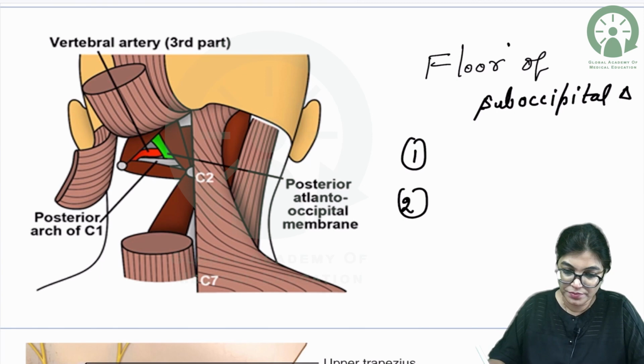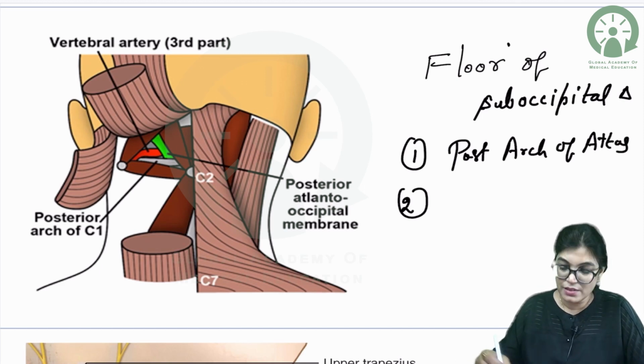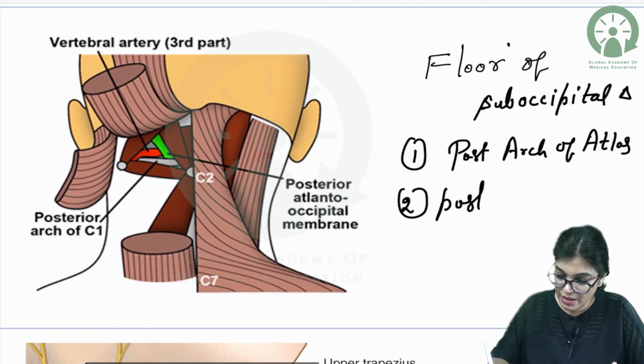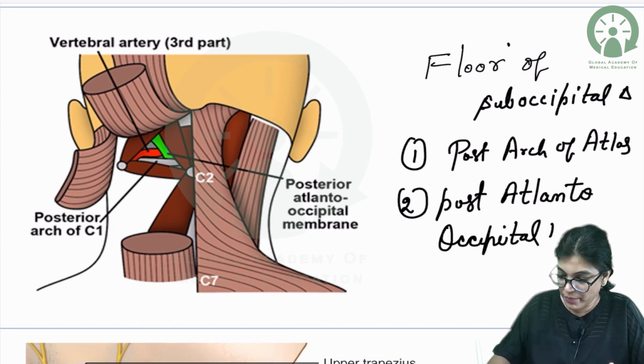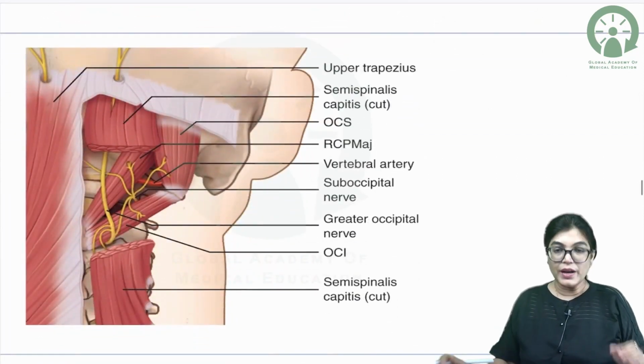One is posterior arch of atlas, cervical vertebra, and the other is posterior atlanto-occipital membrane. Now, we have done with this.